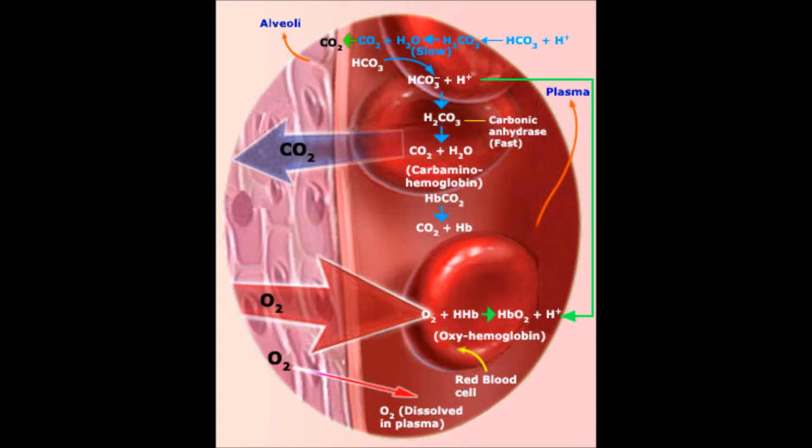This is a chemical produced in the red blood cell, and what that will do, it will cause more oxygen to break from the hemoglobin and go into the tissues. It will increase oxygen dissociation.